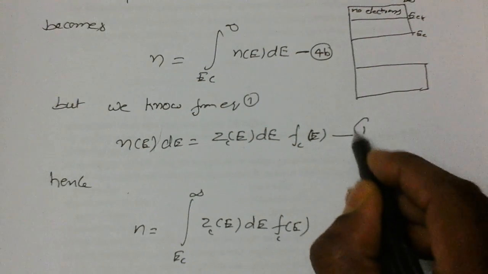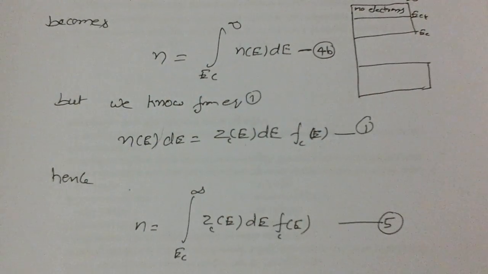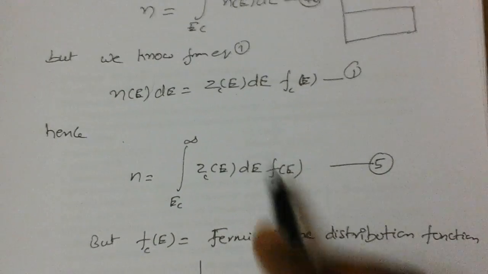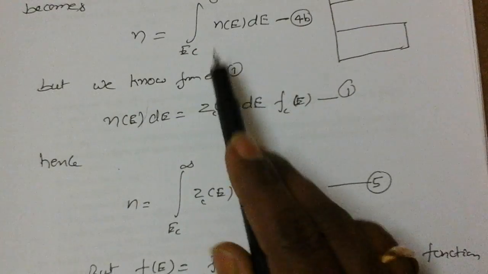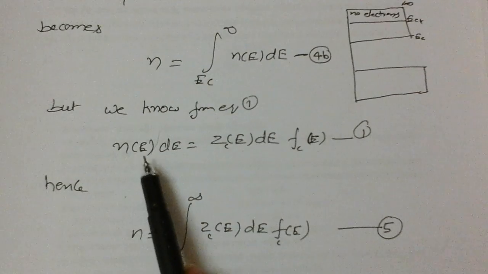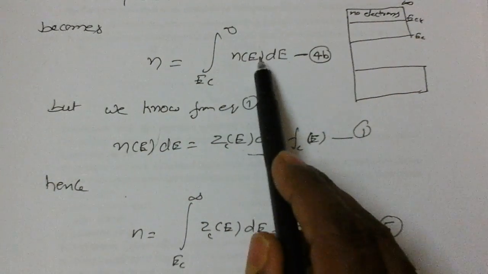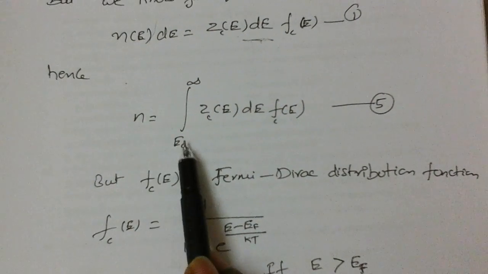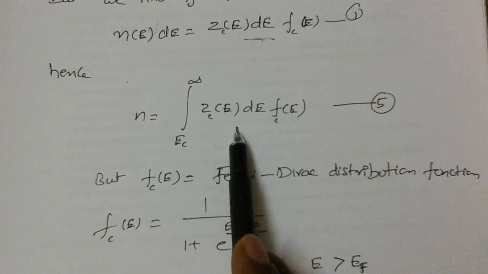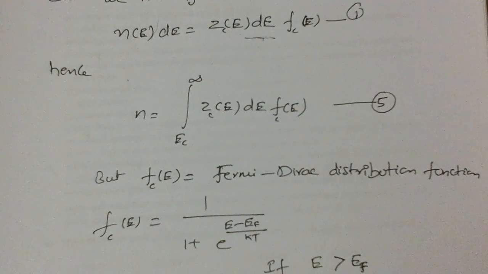This first equation we already calculated, and we are substituting it here. Then n is equal to the integral from EC to infinity of n(E) dE, and the value of n(E) dE from equation 1 is substituted here. Then n is equal to the integral from EC to infinity of Zc(E) dE f(E), as substituted in equation number 5.